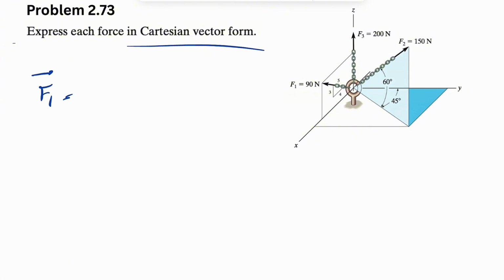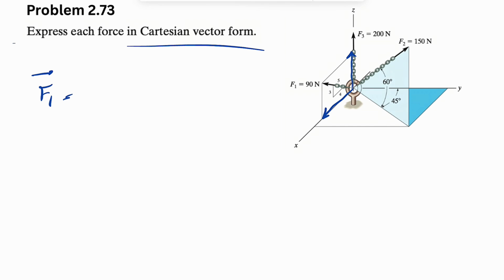First thing, if we look at it, we see that the force is in the XZ plane, and if we want to resolve it into its components, we're going to have one X component, which is this, and a Z component along this line. Obviously, there is no Y component because it's an XZ plane.